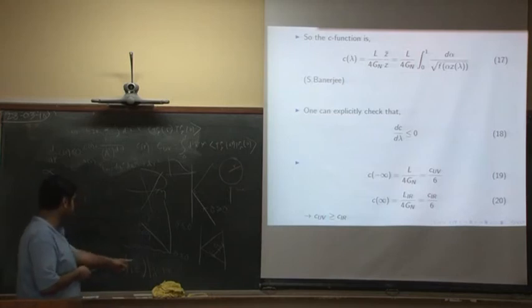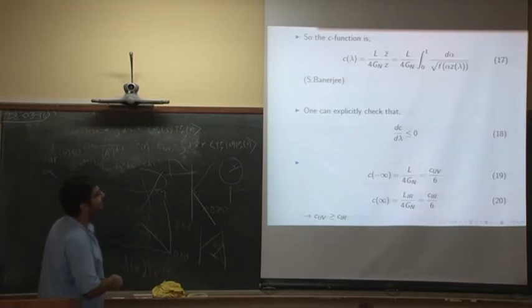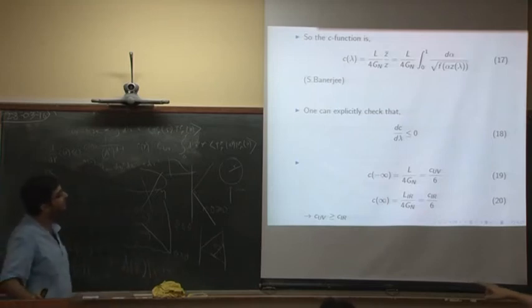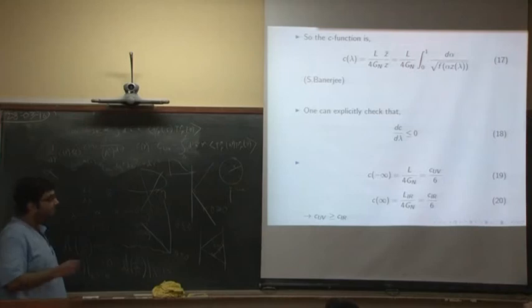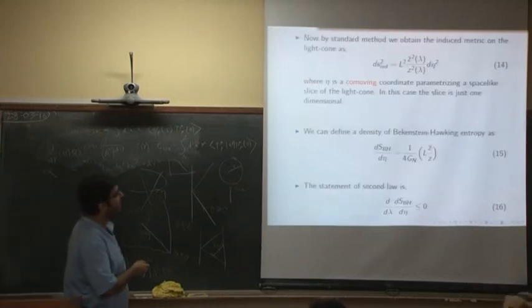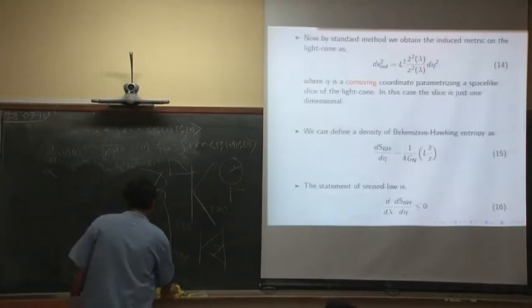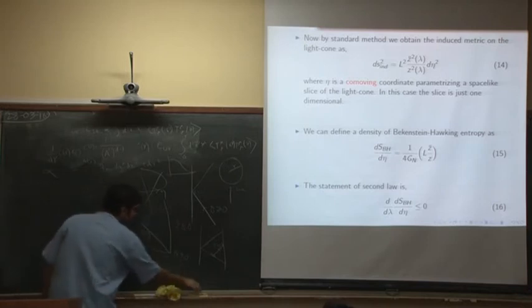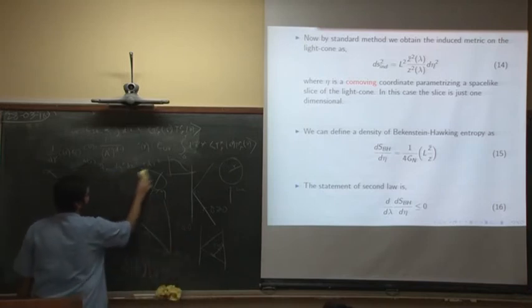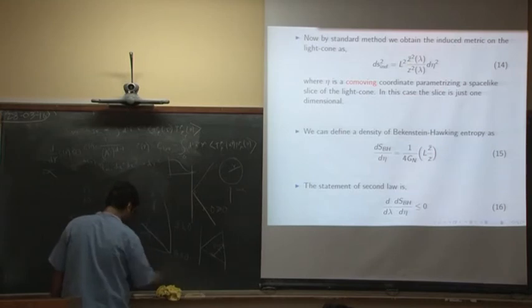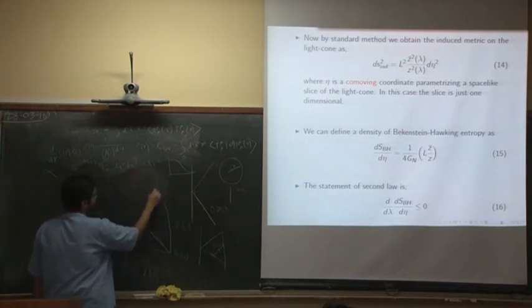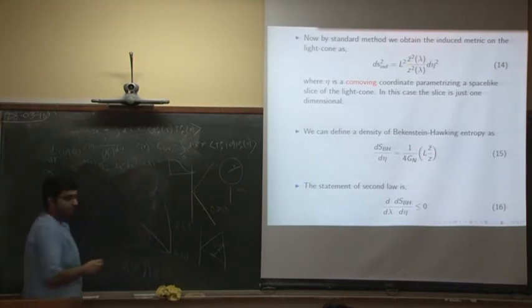This is precisely the thing which has been explicitly checked. I'm losing the picture of your C function. This is the C length of the inner circle. The C function is just this density, so this is the small length which you have here.